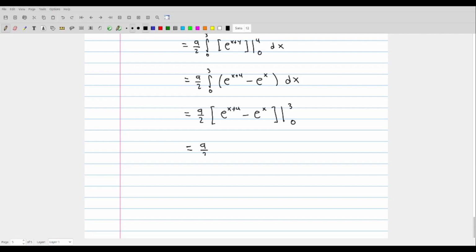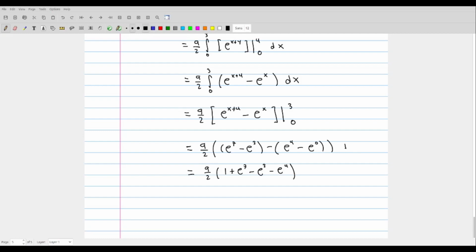So when we plug in, we get 9/2 times e to the 3 plus 4, which is e to the 7, minus e to the 3, minus e to the 0 plus 4, which is e to the 4, minus e to the 0. Or 9/2 times 1 plus e to the 7 minus e to the 3 minus e to the 4.